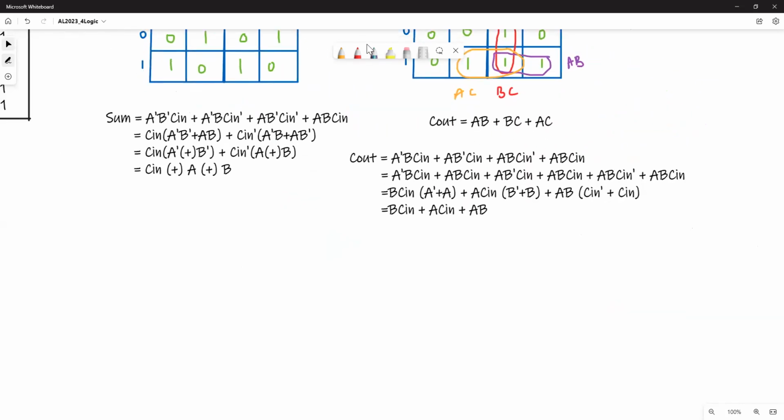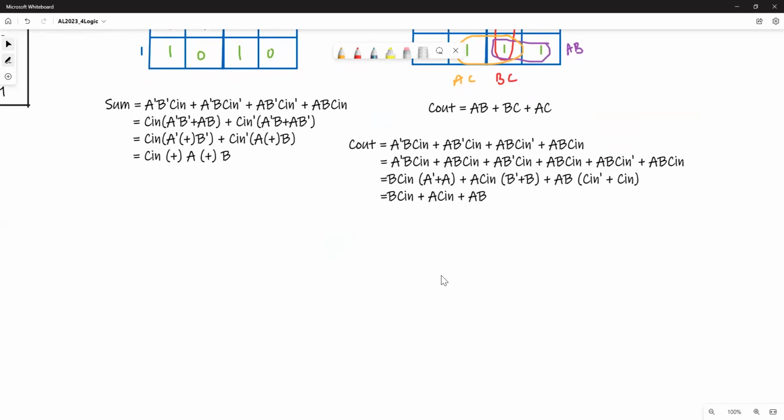So let's draw the circuit. And you can do it before me, and we can say full adder circuit.